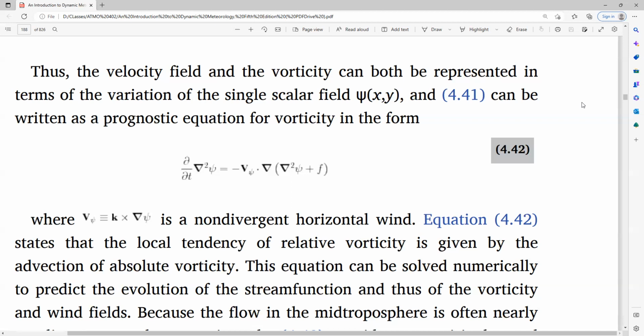And once you have the right hand side, that equals the tendency of the Laplacian. So you will get the Laplacian of the stream function, not the change in the stream function itself. So you can do time integration to predict change in the Laplacian. So this equation is our barotropic vorticity equation.